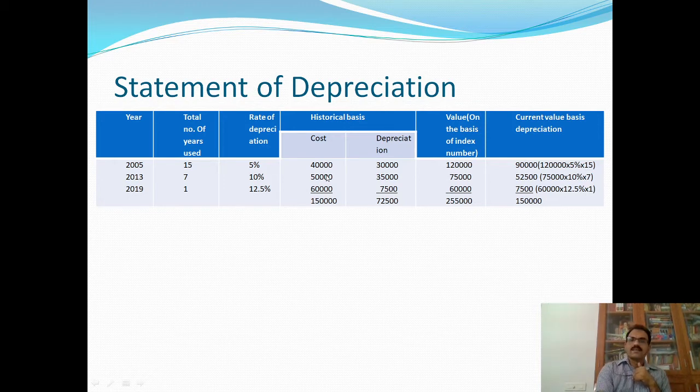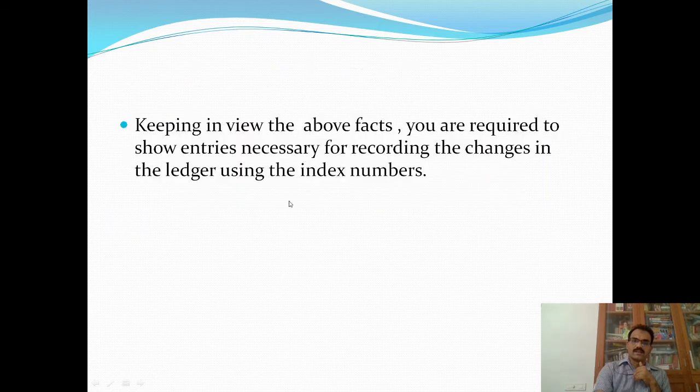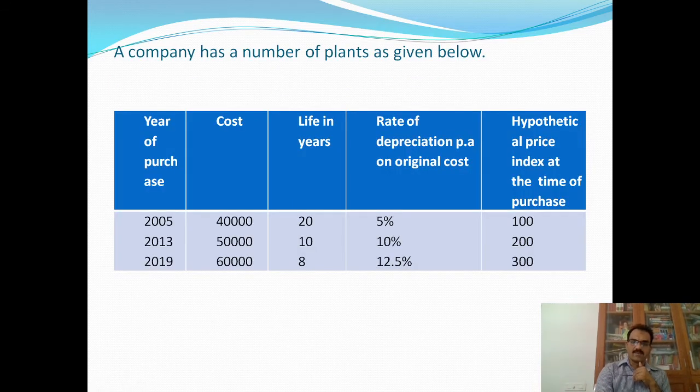Likewise, 50,000 is the historical cost and 10 is the life. So 50,000 divided by 10 is equal to 5,000, and 5,000 into 7 is equal to 35,000. In the next case, 60,000 is the value and the life of the asset was 8.